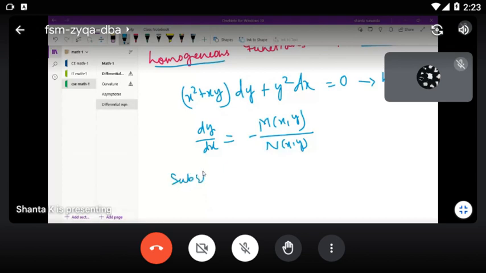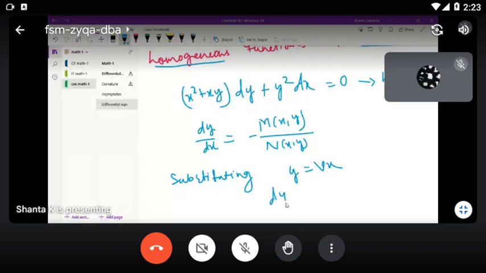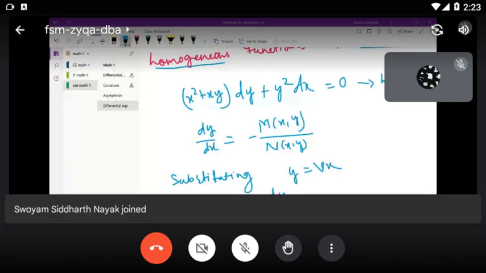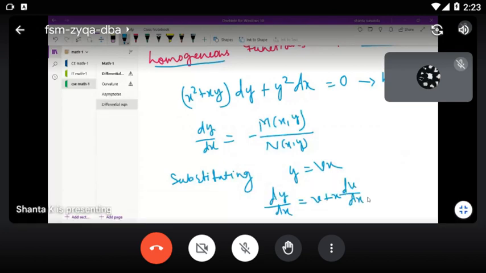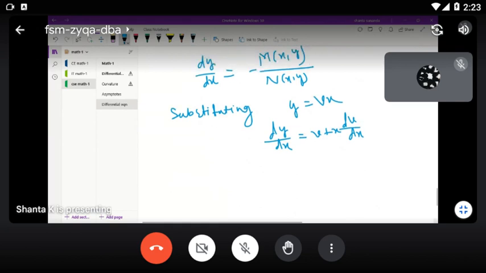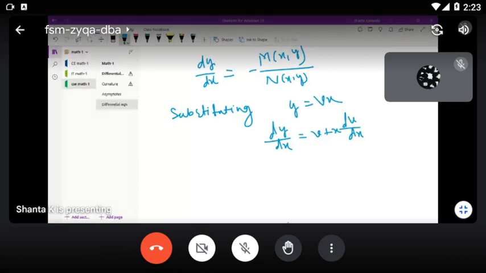Substituting y equals vx, if you substitute this one, you see dy by dx will be v plus x dv by dx. Exactly. Okay. So this also you have to substitute, both sides. Then you can use the variable separable method. So this will be reduced to variable separable form.